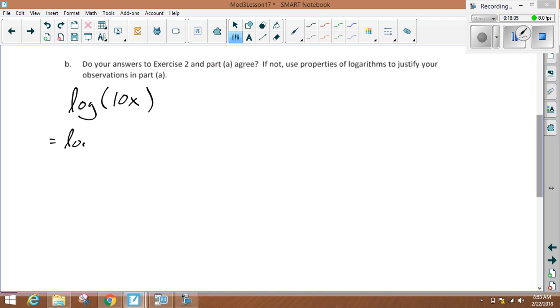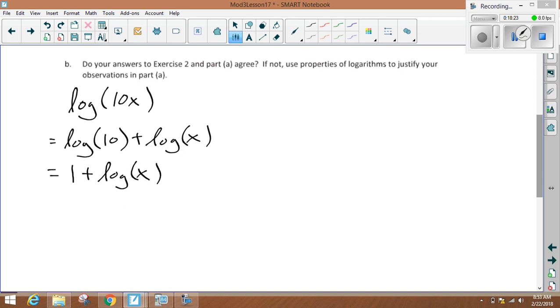Well, isn't it the case that I can write this as log base 10 of 10 plus log base 10 of x? And what is log base 10 of 10? 1. So 1 plus log base 10 of x, and it makes sense that this would be a translation, right?